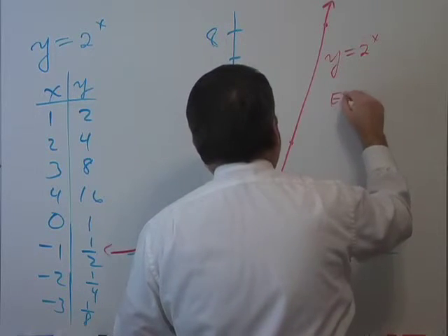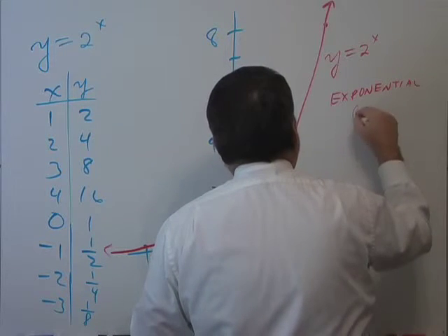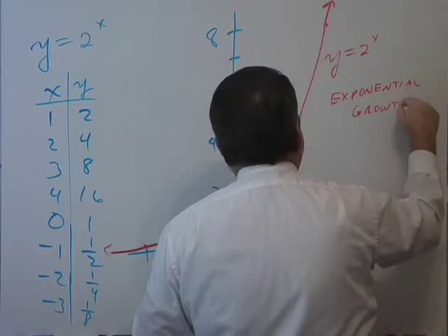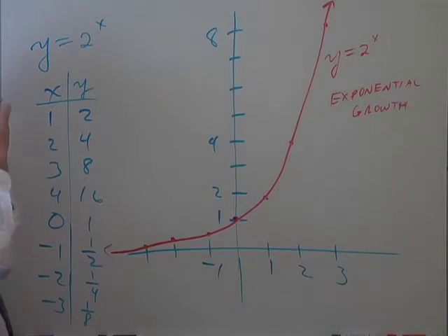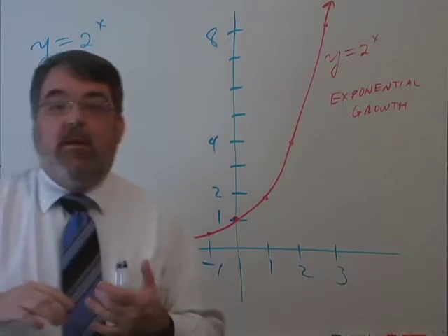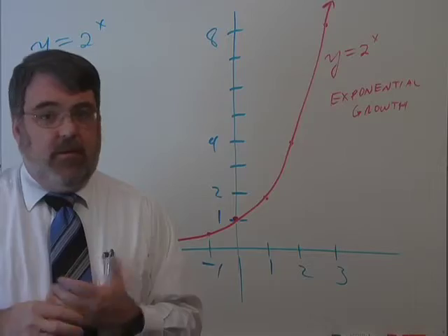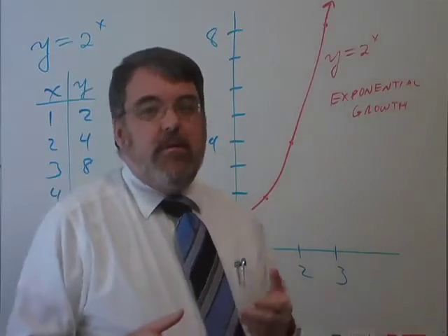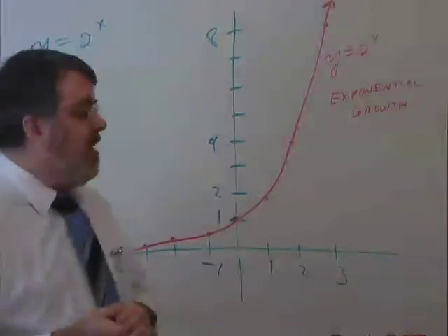So I'm going to call this exponential growth. It turns out a lot of things grow exponentially, especially when there's nothing to check their growth. For example, populations, whether it's people, animals, plants, things like that.